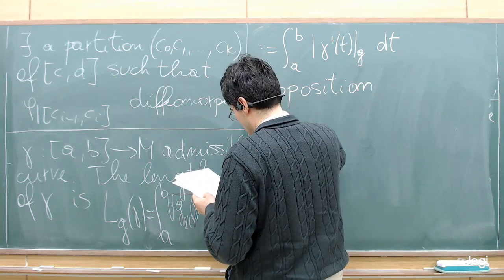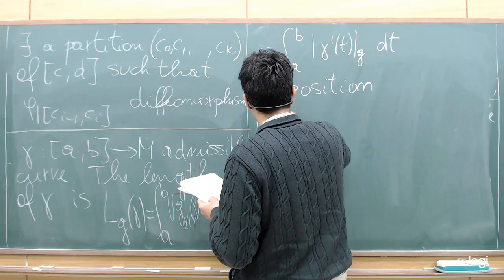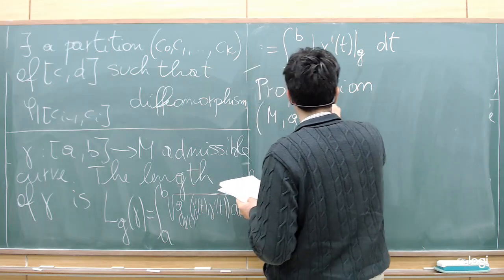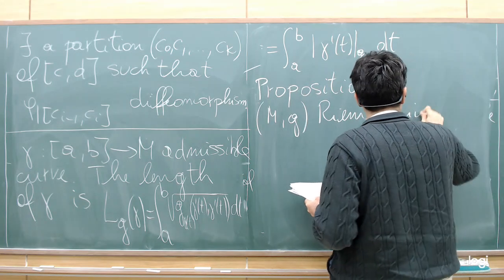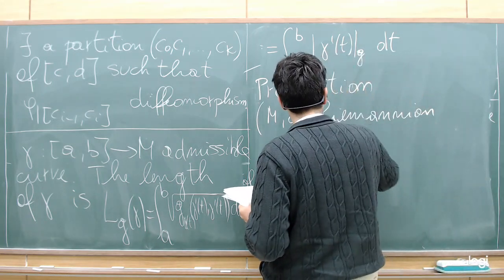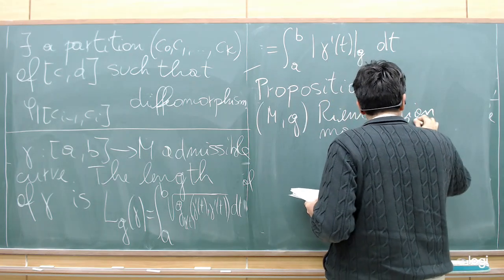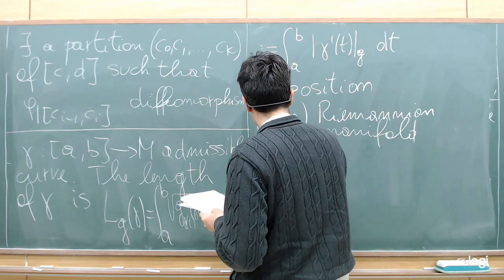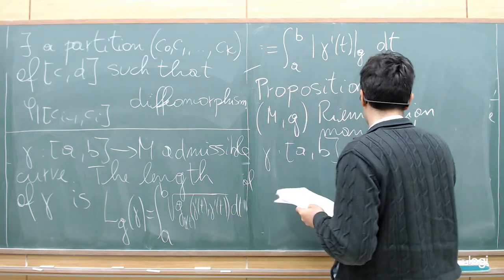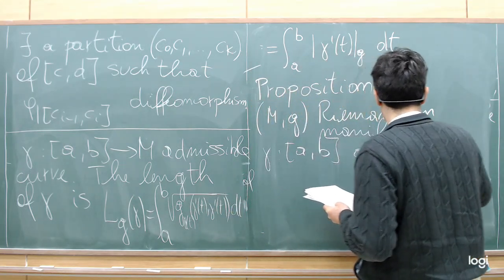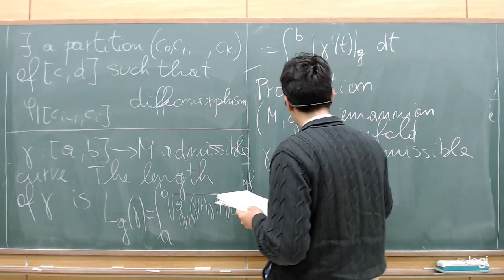So suppose that (M,g) is a Riemannian manifold, and gamma from a to b is an admissible curve.